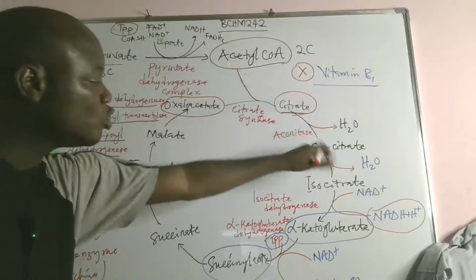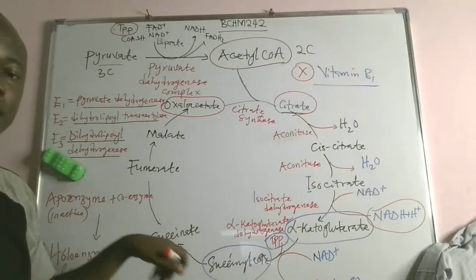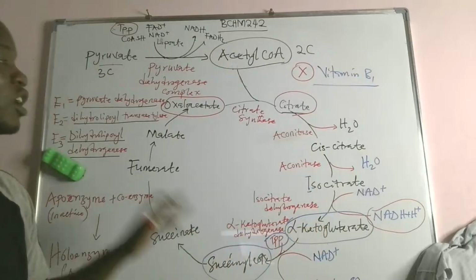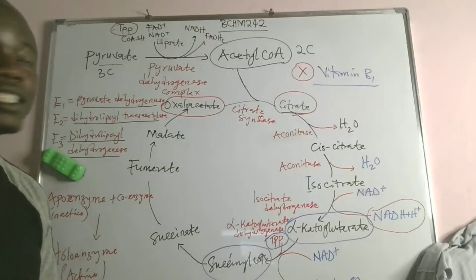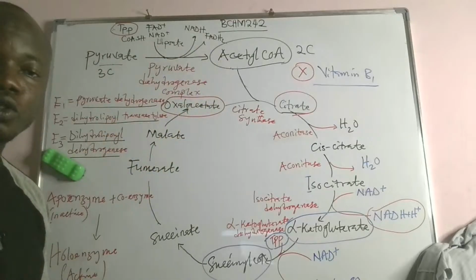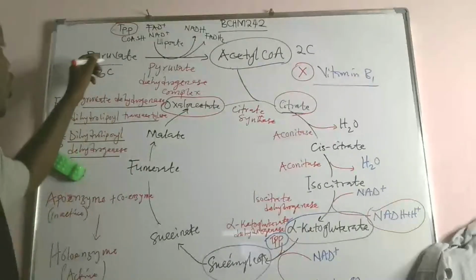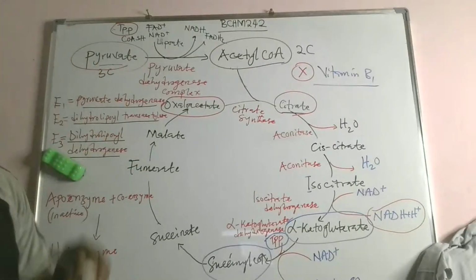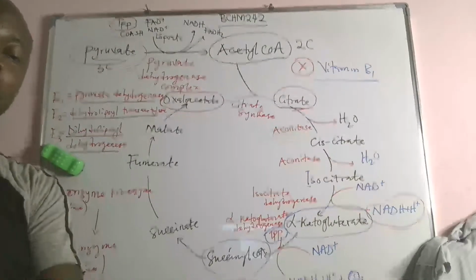So it can continue with the citric acid cycle, but it cannot cross this step, that is the conversion of alpha ketoglutarate to succinyl-CoA. Because we can get acetyl-CoA from fatty acids, and from ketone bodies. The sources of acetyl-CoA are not just pyruvate, there are also other sources. So that is what I want you to understand.